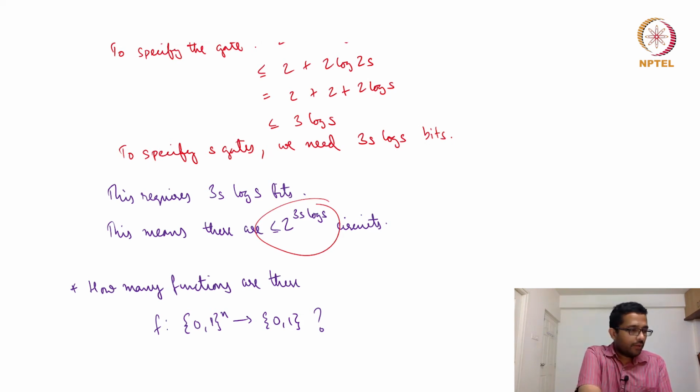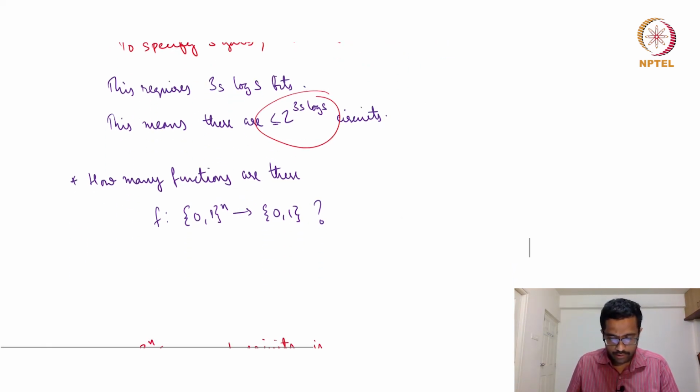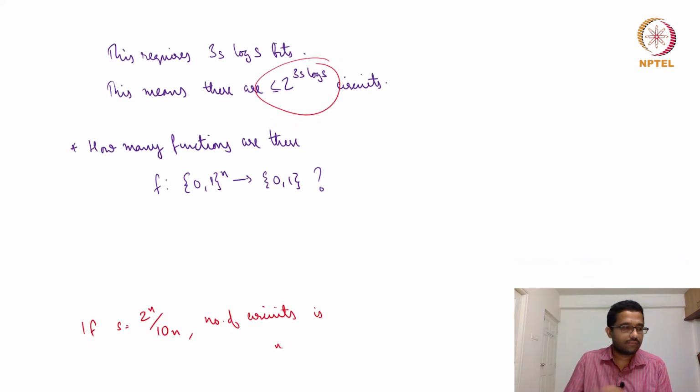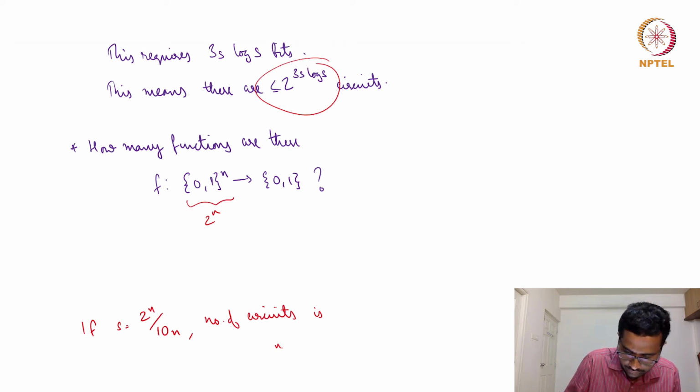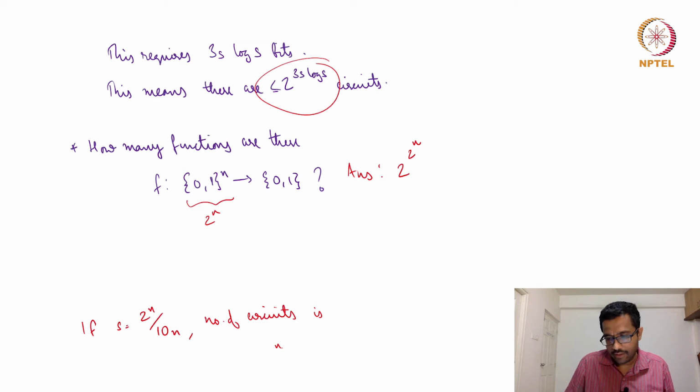Now how many functions are there from {0,1} power n to {0,1}? How many input combinations are there? There are 2 power n input combinations, and for each of these input combinations there are two possible choices, 0 or 1. So the number of functions is 2 power 2 power n.